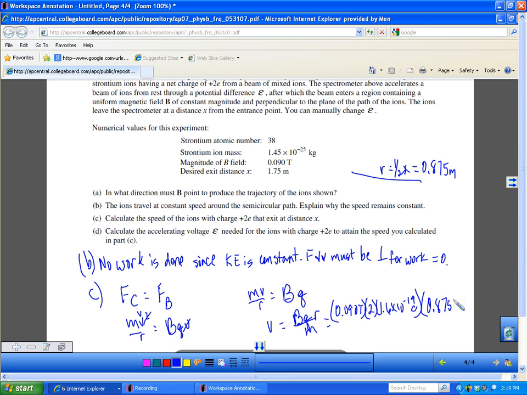And then the mass was given to us as 1.45 times 10 to the minus 25 kilograms. So if I do the math, when I did that math, I got 1.74 times 10 to the 5th meters per second.